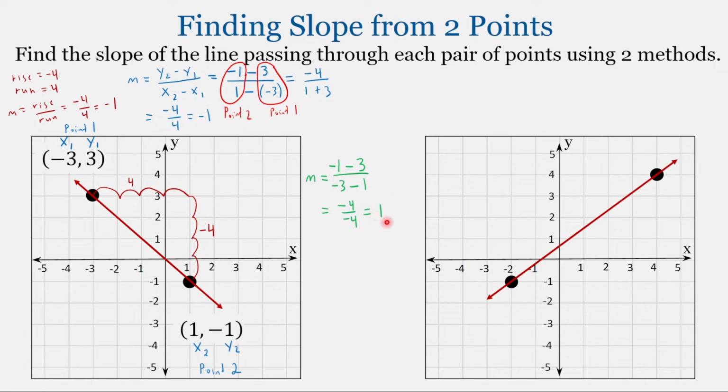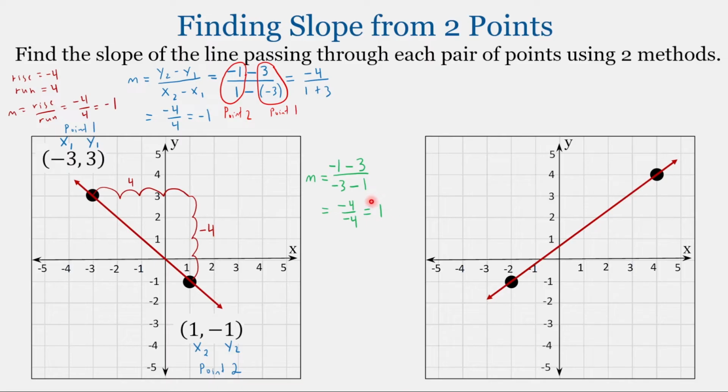So we have that same value of 1, but in this case it's positive, whereas the correct answer is negative. So if you do make this mistake, your slope will have the opposite sign.